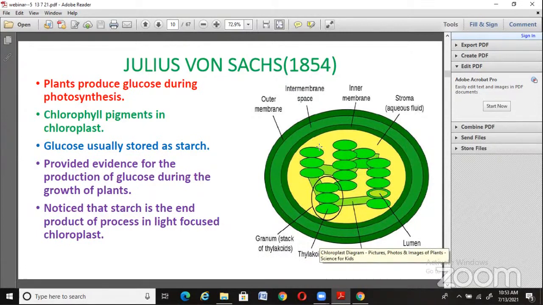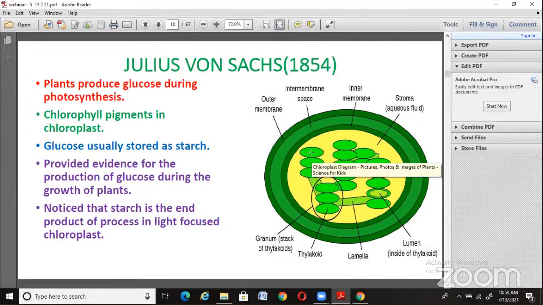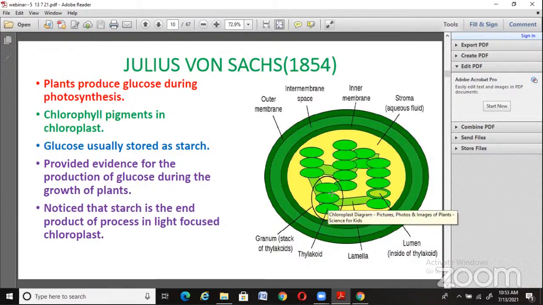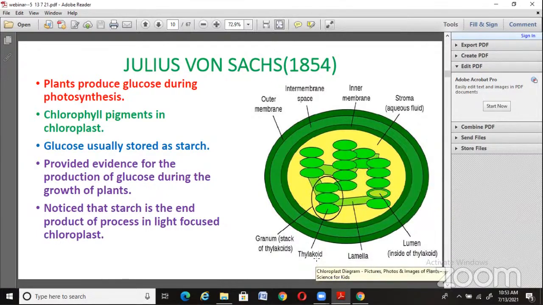So the main important structure is the thylakoid, a plate-like structure, and these thylakoids are inserted in one another. As a result of this arrangement, groups of structures are developed, each group is called a grana, and in each grana there are many plate-like structures called thylakoids.